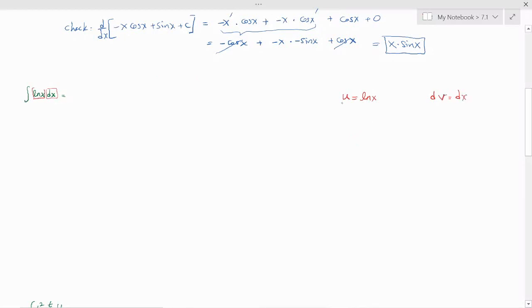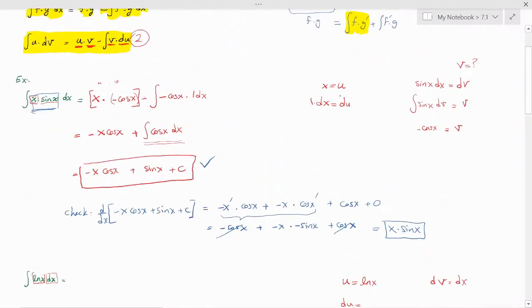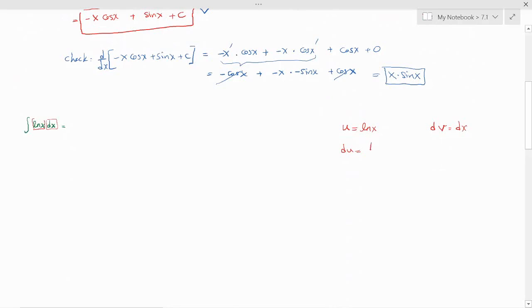So then I can find out, since I know that I need the derivatives, what du is. Actually I should say du divided by dx, or you can write the dx on the other side. Sorry about that. In the last example I forgot to write dx here. Oh no, I wrote it, 1 dx here. The derivative of ln x is 1 over x, but this is supposed to be du divided by dx, so I multiplied it.